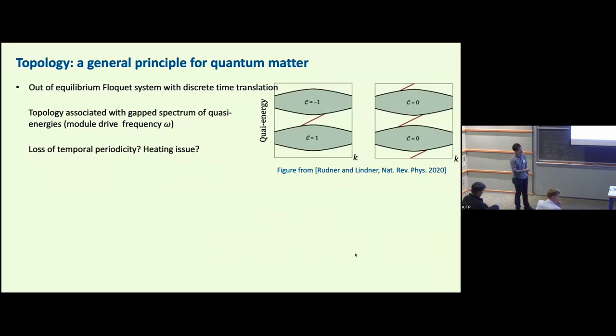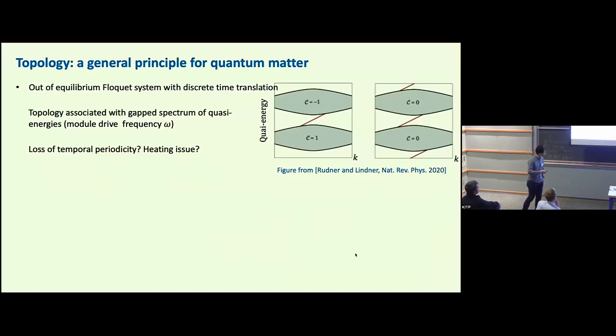But in this type of system, there is sort of a difficulty that you may run into, because if you want to talk about these as strictly unitary, and if you start to have the time periodicity compromised, then you may worry about heating the system to infinite temperature and you lose the topology and all that. So it's a question mark whether or not you can save it by localizing the phase in some way. Well, that's, I think, still under investigation.